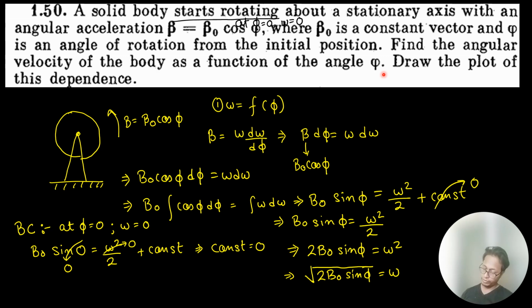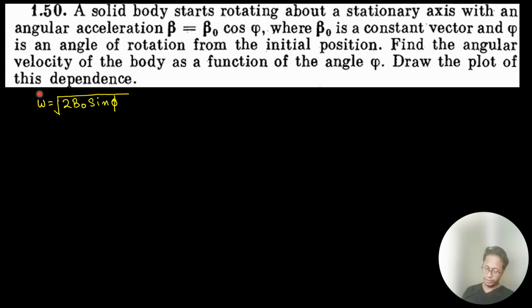Now in the question, what you have to do is draw the plot of this dependence. That means you have to draw omega versus phi. And how does the graph look like? This was the equation of our angular velocity in terms of phi, or angular displacement.